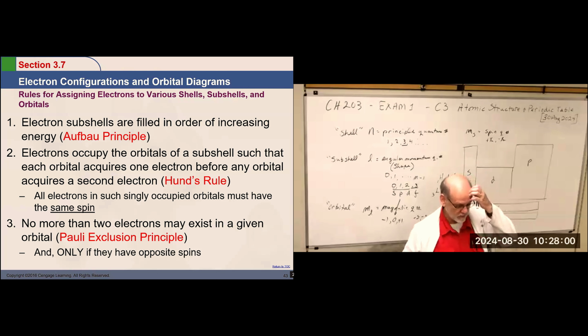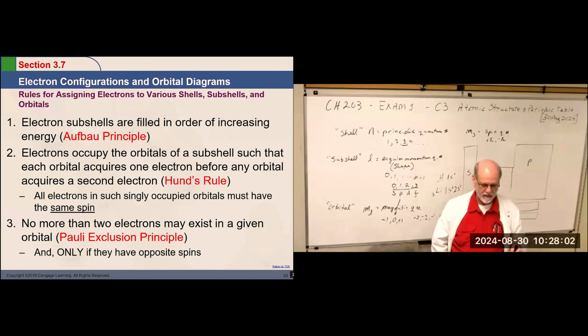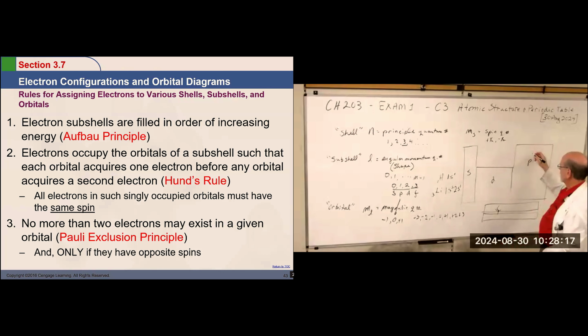Then you have Hund's rule. When you have orbitals, say we're looking at p orbitals. So if we look at the p's, we can have 3, right? -1, 0, +1 orbitals in that subshell. Okay? When you start filling in electrons, say we want to use this one for 1 electron. And that's what I call spin up, or +1/2.